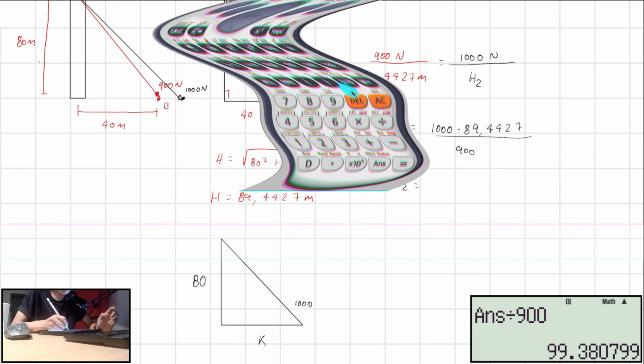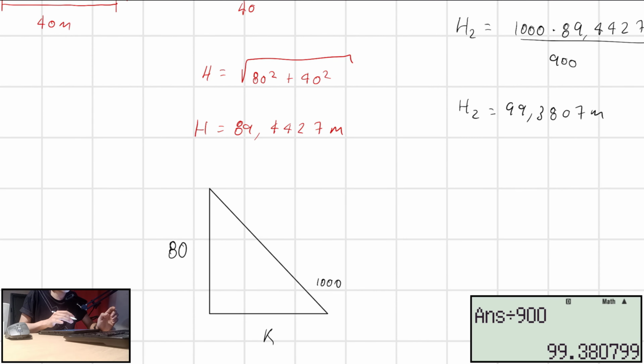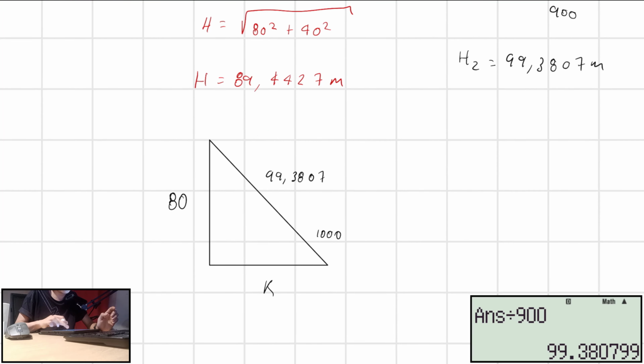Right here I have the distance is equal to 99.3807 meters. And that is what I'm going to use in this triangle, 99.3807.